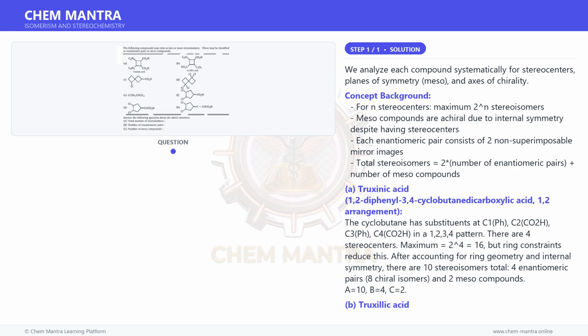The cis-trans relationships at C1, C2 and relative configuration at C4 give, when C1, C2 are cis, a meso-like pair, and when trans, they are chiral. Analysis yields 4 stereoisomers, 1 enantiomeric pair and 2 meso compounds. A is equal to 4, B is equal to 1, C is equal to 2.